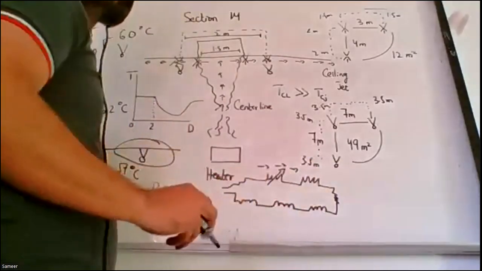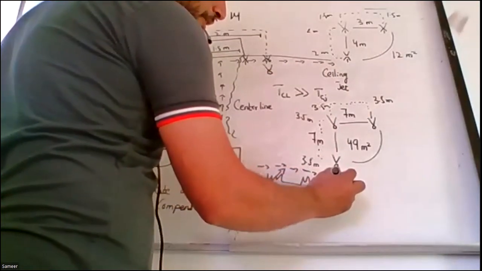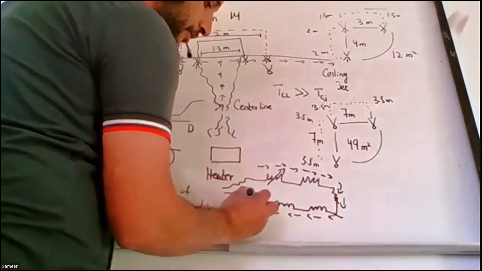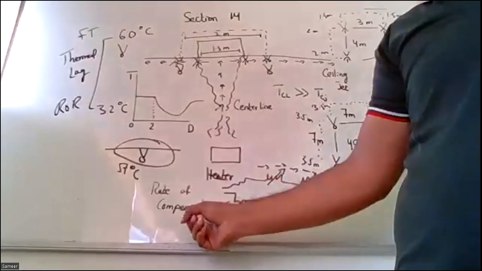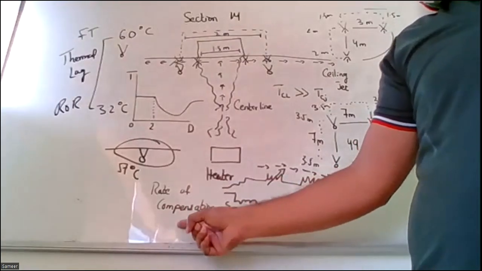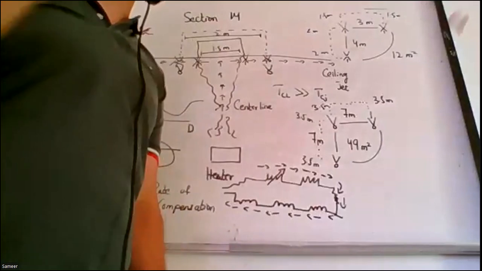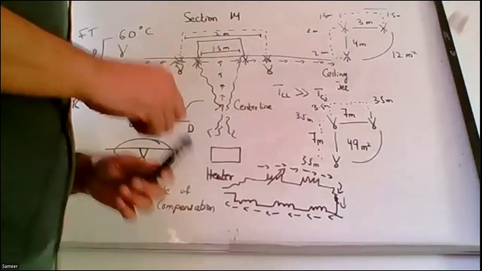It will block here unless this resistance becomes lower. Similarly, all the resistances need to become lower; only then will the current flow and eventually my detector trigger. So they have, yes, rate of compensation detectors. They have a very late response time, but they are very effective in areas where I have heating appliances. Where fixed temperature and rate of rise detectors will trigger a false alarm, rate of compensation is the more reliable detector for me.